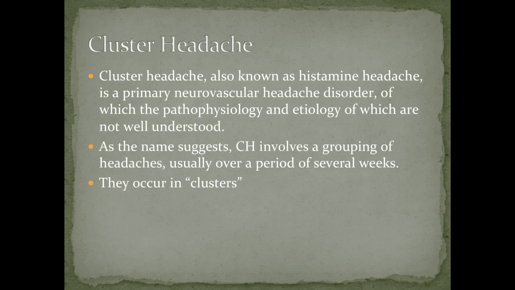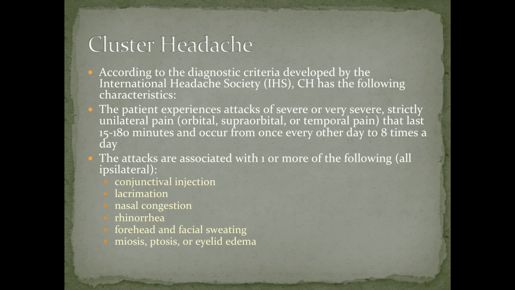Cluster headaches get their name because they come in clusters of severe headaches over a period of days or weeks. The International Headache Society also has a little list on this. Basically, you get severe, strictly unilateral pain, described as orbital, supraorbital, or temporal, so all around that area by the eye and the sinuses.